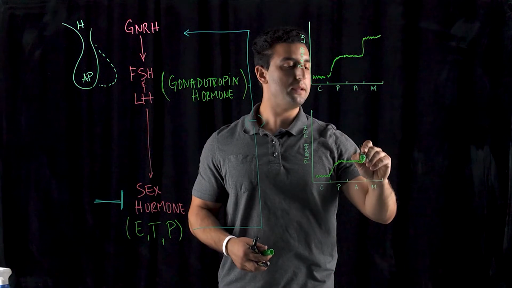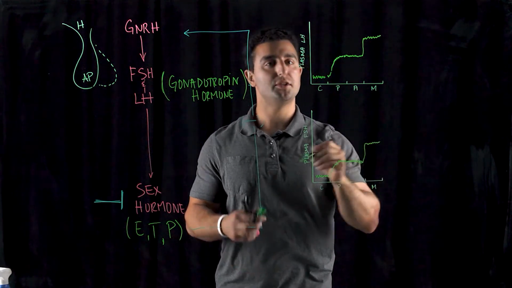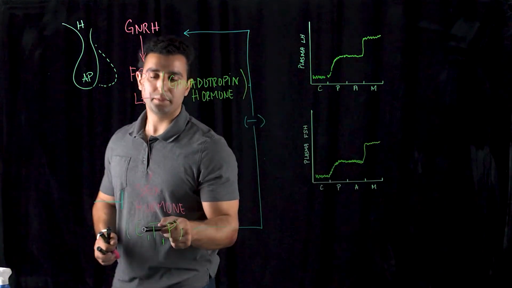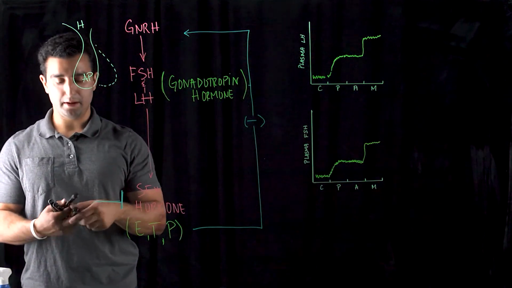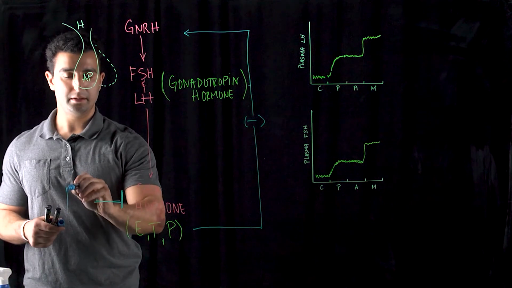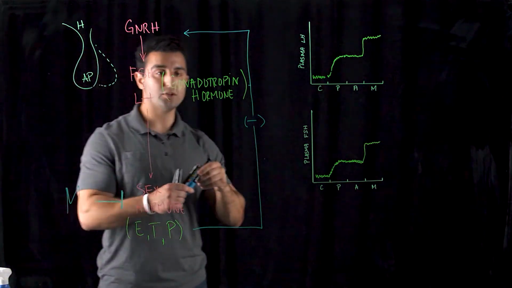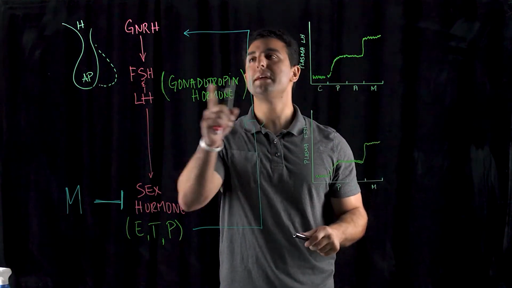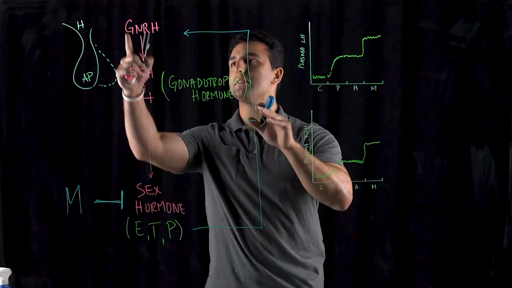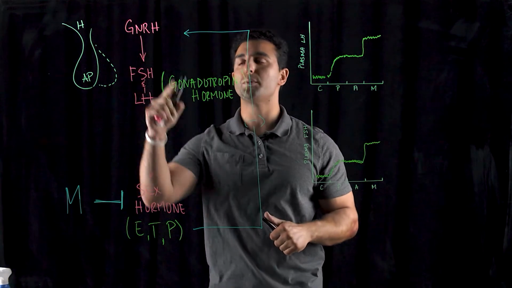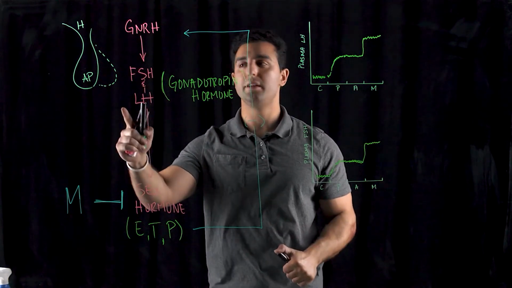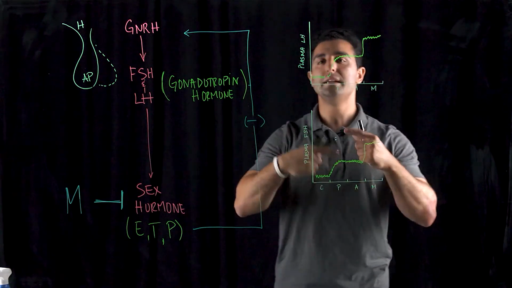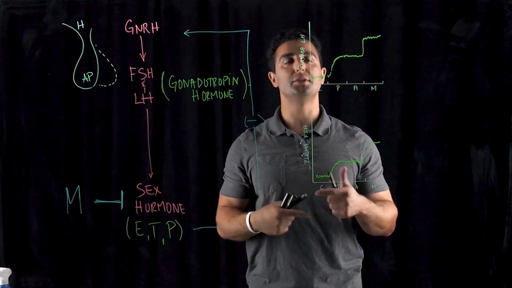Why? At menopause, we'll put a big M in here, there are no more sex hormones, so no more inhibition via the negative feedback loop. So gonadotropin releasing hormone, follicular stimulating hormone and luteinizing hormone are unregulated, and because they're unregulated, they just continuously get secreted.